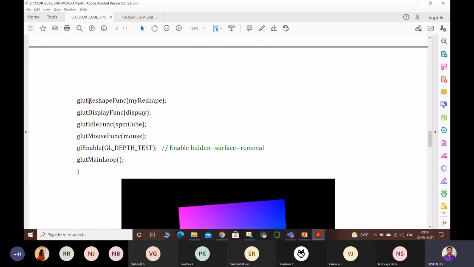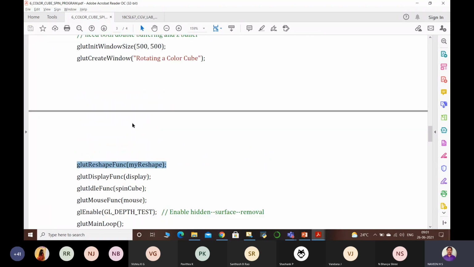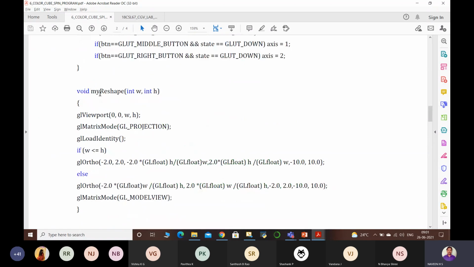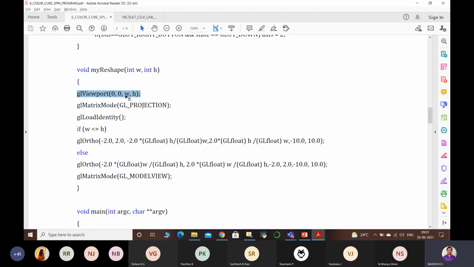And now again the same thing, the glutReshapeFunc, my reshape function, the same thing discussed in the last class. The same function I'm going to repeat, there is no change in this. My reshape function takes int W, int H, and again the viewport, where I'm going to visualize my object, so there will be a change in the W and H size.